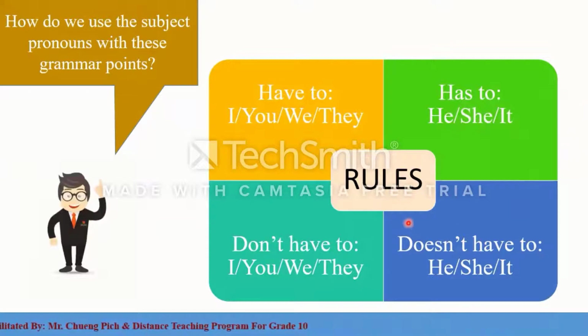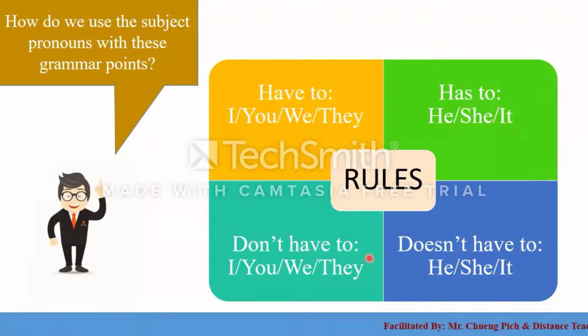And the negative form is the same. If you use only one singular subject, you use doesn't have to. If you use a plural subject like Dari and Dara, we use don't have to. All right, so let's get started to check the examples of each phrase.